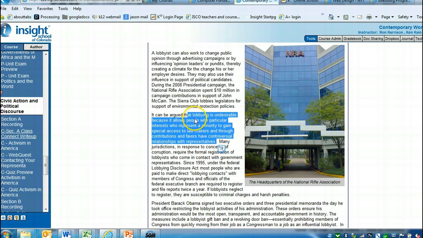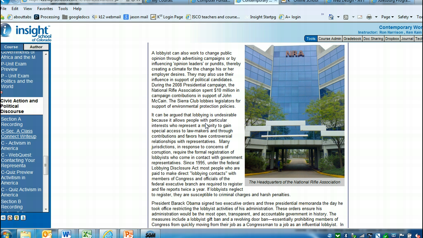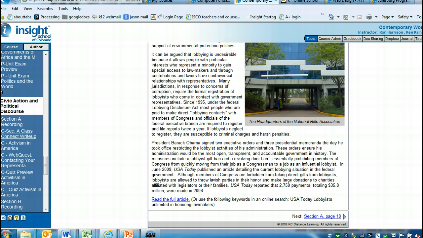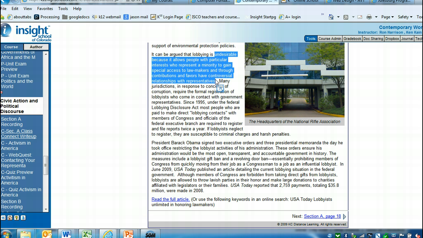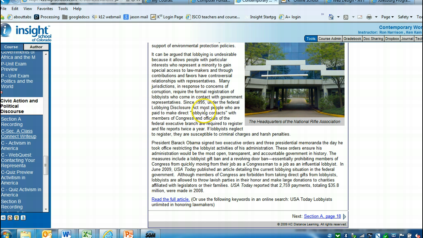So that's why lobbying and lobbyists can be considered undesirable, because these people that represent just a minority might have a lot of money behind them, and they could actually influence the way congressmen and senators vote, or even the way the president chooses to make his decisions. So that's the answer right here about why some people consider lobbying and lobbyists undesirable.